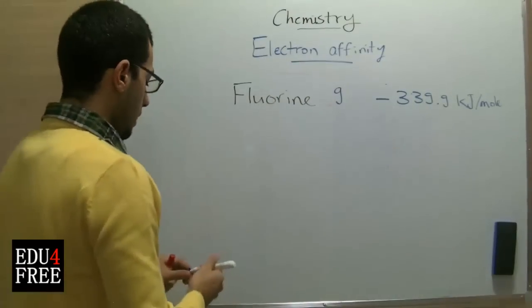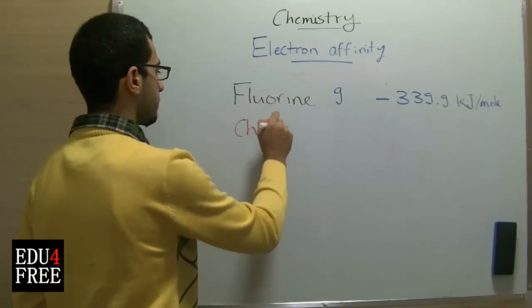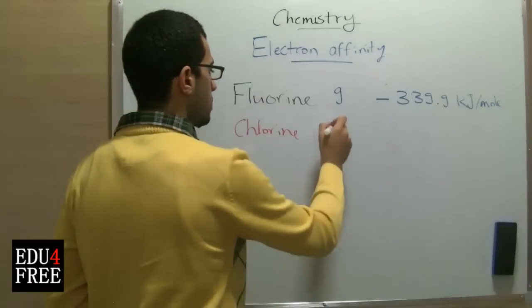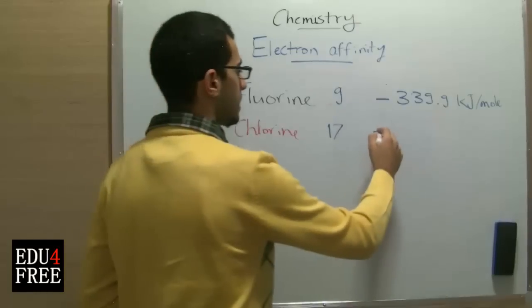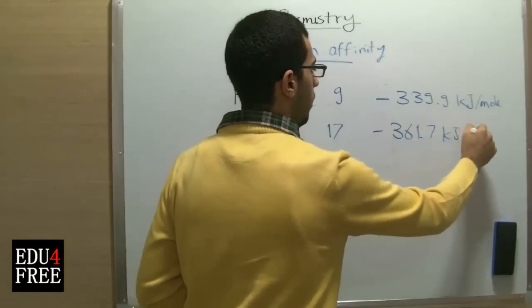And we have chlorine. Chlorine contains 17 electrons, and its electron affinity is negative 361.7 kilojoules per mole.